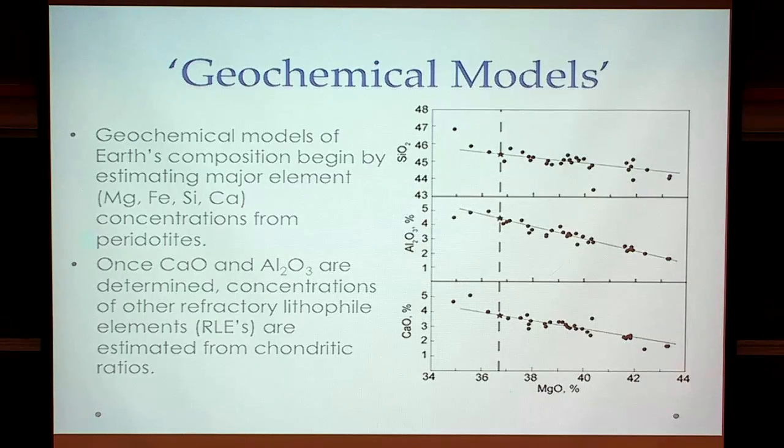And that allows them to deduce magnesium concentration and the iron concentration. So they start out with the composition of olivine in the most pristine peridotites to get that.